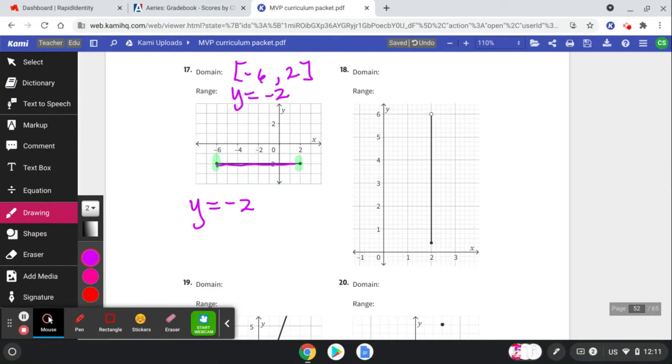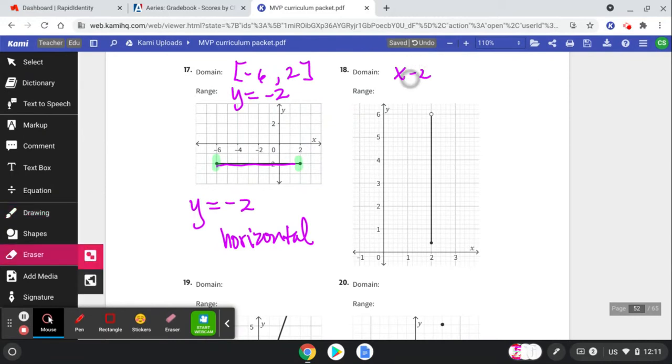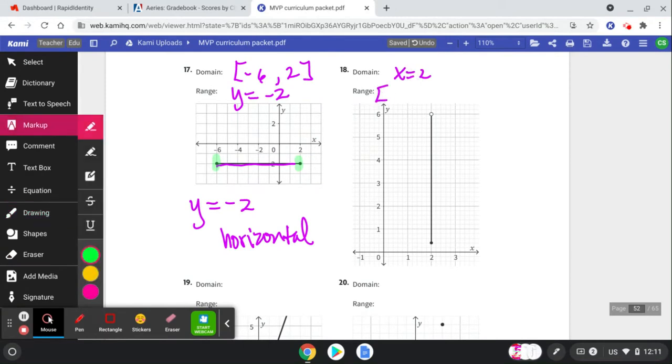Okay, well, here's the opposite. Now we've got a vertical line instead of the horizontal line. So this time your x values, your domain, only have one value. X is equal to 2 only along that path. So what would my y values be? So y values go from here. Now what the heck is that, right? So this is 1, 2, 3, 4, 5.